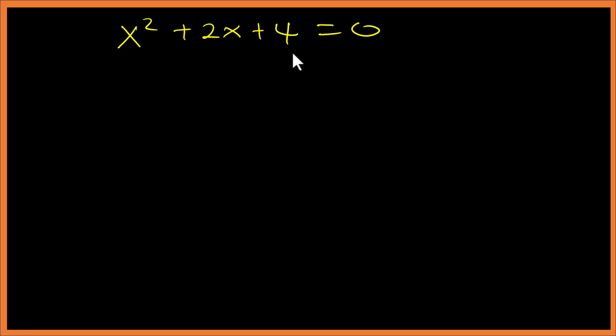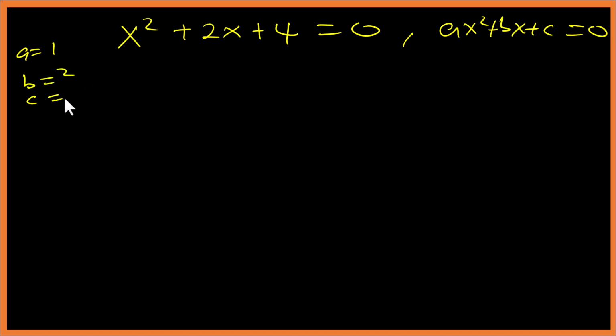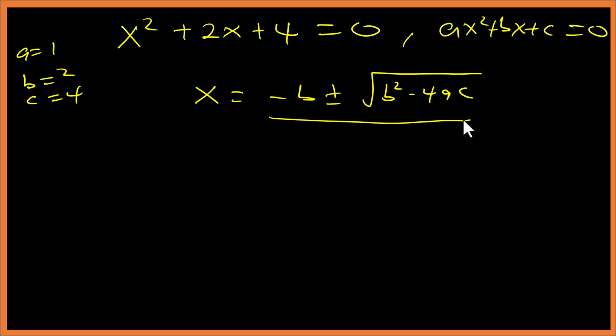So let's compare this one to ax squared plus bx plus c equals 0. So my a here is 1. So we have a equals 1, b equals 2, and c equals 4. So we can go ahead and use the almighty formula: minus b plus or minus square root of b squared minus 4ac, over 2a.